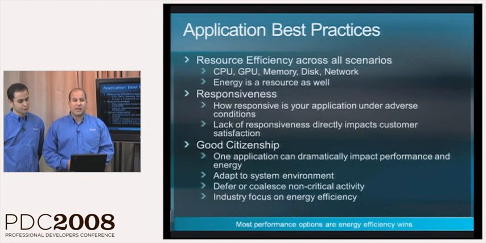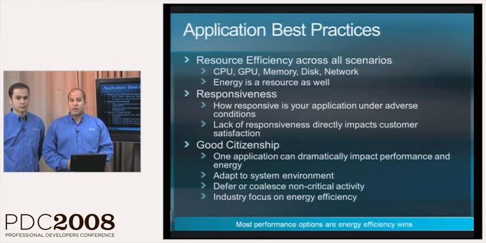So oftentimes we get asked, what makes a great application? What are the characteristics of a good application? The first thing we look at when we talk about performance is resource efficiency across all scenarios. We look at idle scenarios, we look at active scenarios, and we look at the traditional platform resources, CPU, GPU, network, and look to see how are applications utilizing those resources.